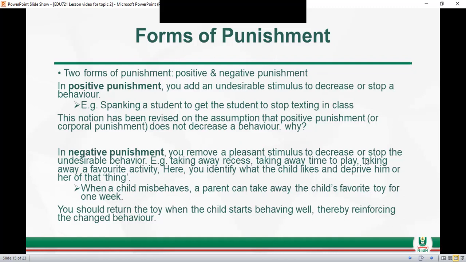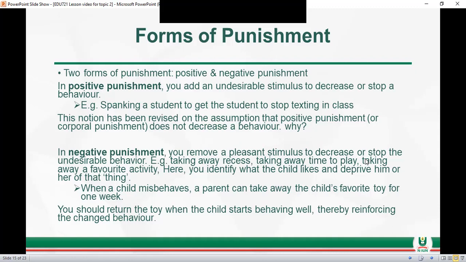The intended desire is for that student to stop the behavior. The intention of the teacher in slapping or beating or doing any form of punishment is for the student to stop that bad behavior. But it has been discovered that corporal punishment has a lot of problems. We shall still come to that. Hang it up there. So let's go on to the negative punishment. I will continue from where I stopped on the notion of positive punishment.